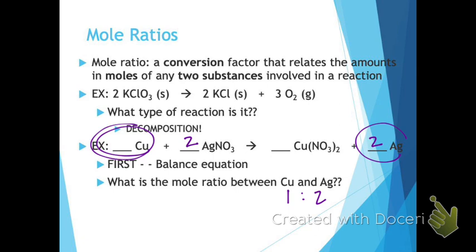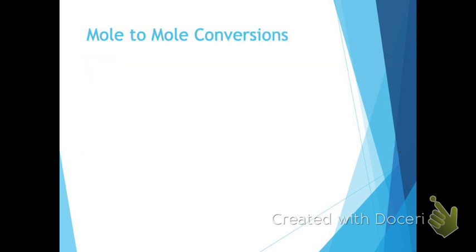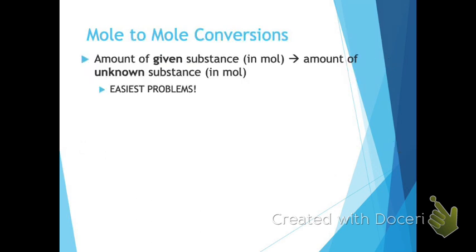Let's start with our most simple stoichiometry calculations. This is converting moles of our substance to moles of a different substance. Mole to mole: we take the amount of our substance in moles and convert it to moles of a different substance. These are our easiest type of conversions.